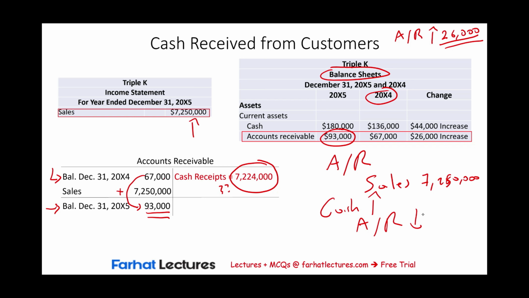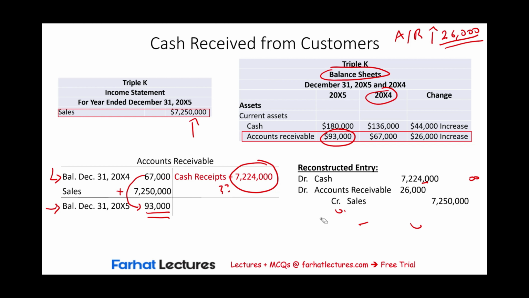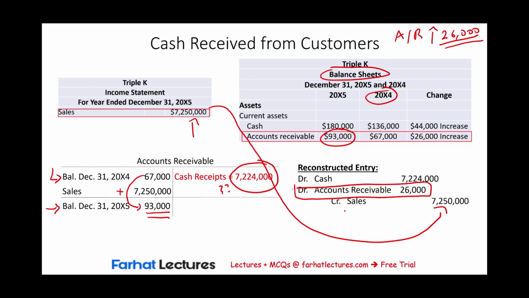Now, from a journal entry perspective, this is what it would look like. I would say I credited sales 7,250,000. That much I know from the income statement. Then, overall, the net difference in account receivable is an increase of 26,000. Therefore, I debit account receivable 26,000.